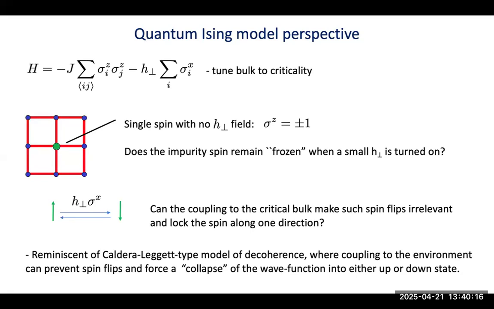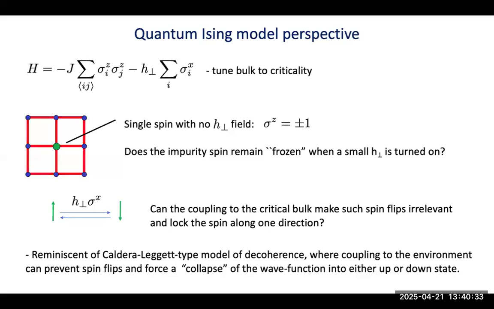But perhaps the coupling to the rest of the system, to the critical state around it, can suppress such spin flip processes. People have thought about this in the context of Caldeira-Leggett type models of decoherence.